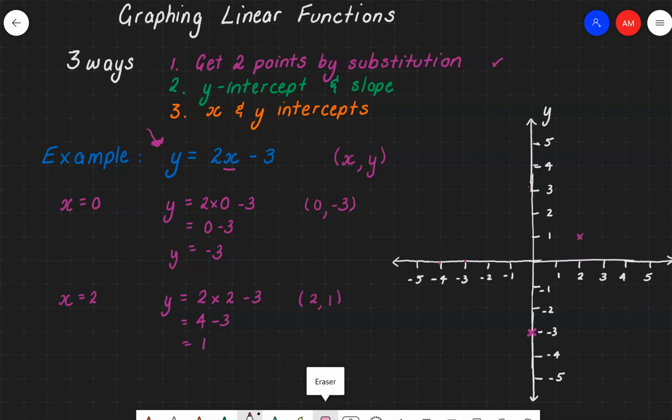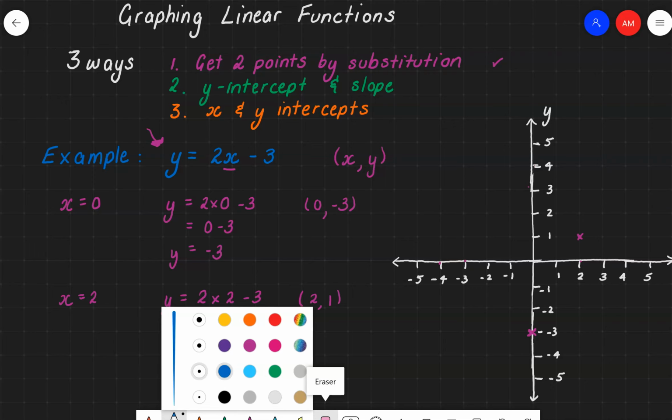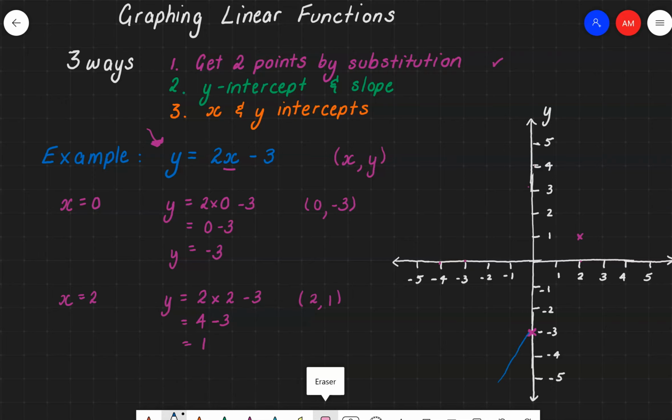I've got my 2 points, so get your ruler. This might be a disaster when I'm graphing it, right? Get your ruler, and I'll change that to the color that we want. Let's go to the blue. Okay, so we will get our ruler. Oh, that wasn't too bad.